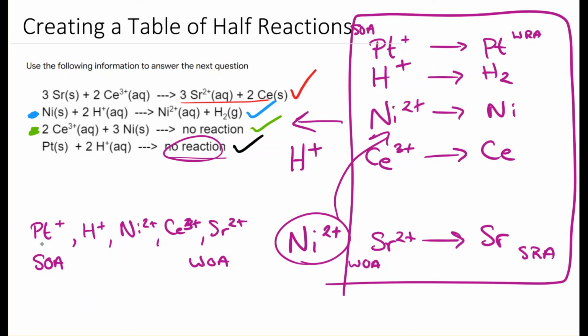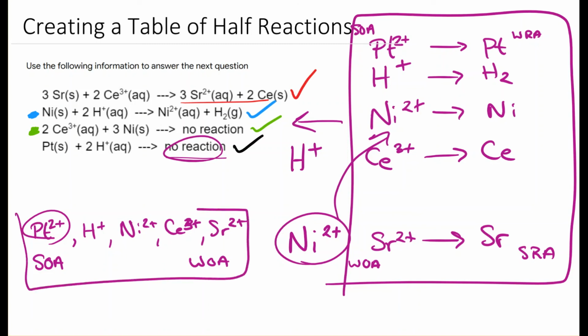And it doesn't matter what the charge is, as long as it's a positive charge. So when you look at your answer, you see that platinum has a 2+ charge. Oh, fine, whatever. We don't know what it is, but it doesn't matter. So this is the correct sequence of strongest oxidizing agent to weakest oxidizing agent.